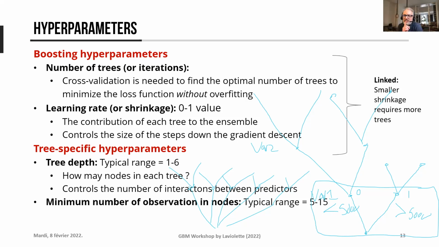Sub question to Vincent's question: I guess once you split in one direction or the other, it's not necessarily the same variable that will split after that. So if you go on the left node, let's say we're doing variable 1 and then we have variable 2, but is variable 2 applied across all branches?